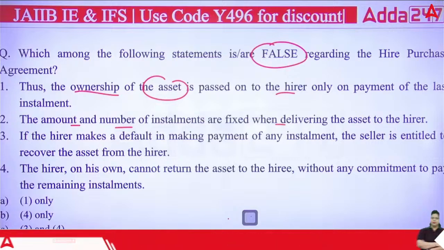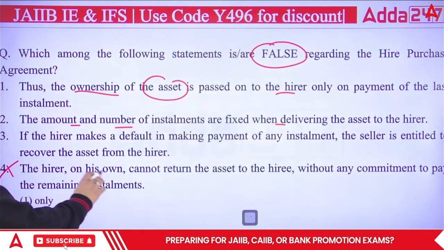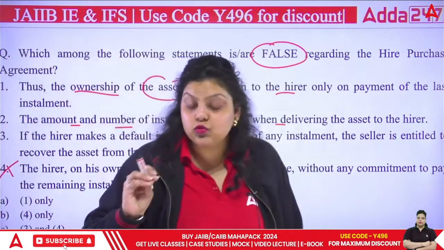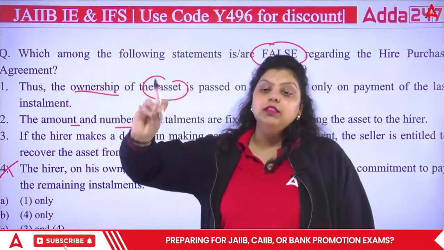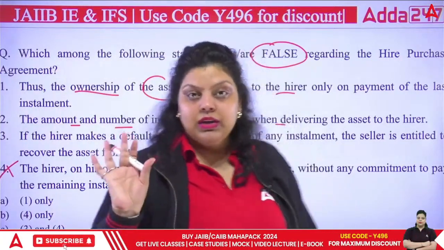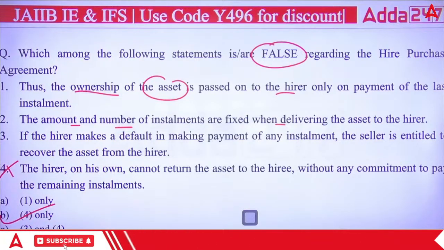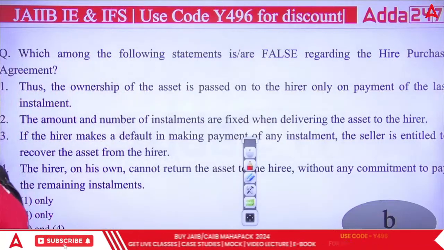But the fourth is not correct, because it says a hirer on his own cannot return the asset. He can return it. If the hirer is no longer capable of paying installments, the hirer can return the product and say, I am not capable of making further installments, so take your product back. It is allowed to the hirer, so the right answer will be B. The fourth statement is false regarding hire purchase.